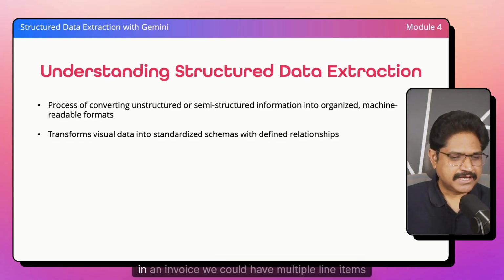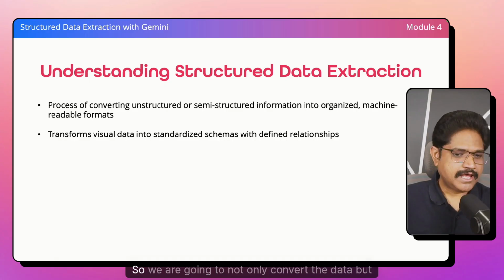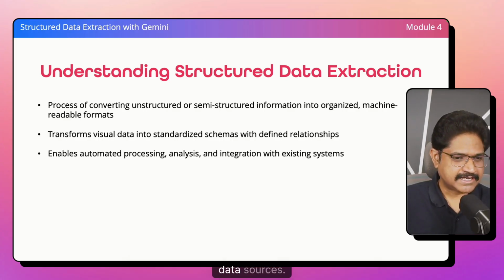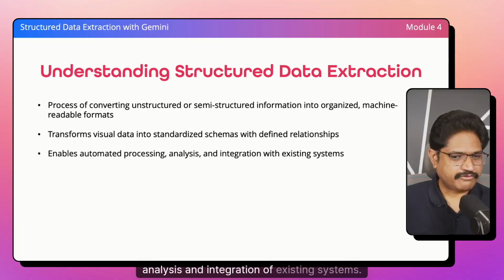For example, in an invoice, we could have multiple line items, and this line item could become a list in Python, or it could become a JSON key value within the JSON packet. So we are going to not only convert the data, but also use it to define the relationships among the unstructured data sources. So it enables automated processing, analysis, and integration with existing systems.